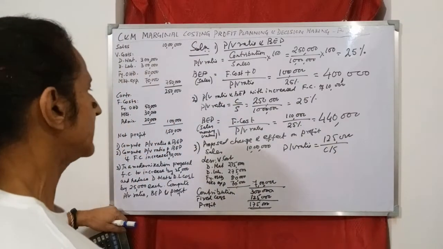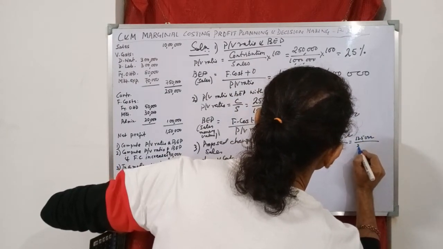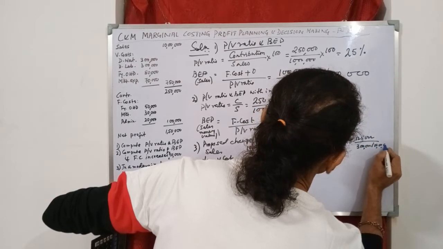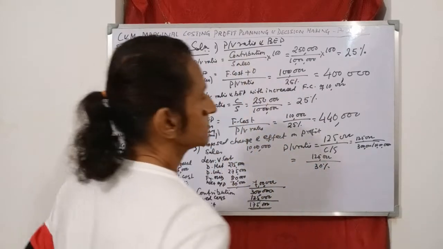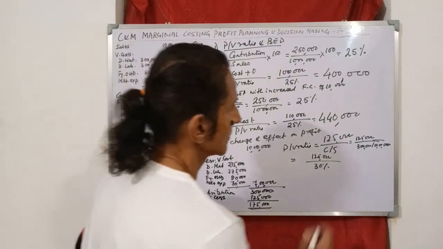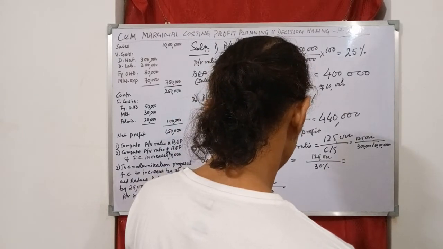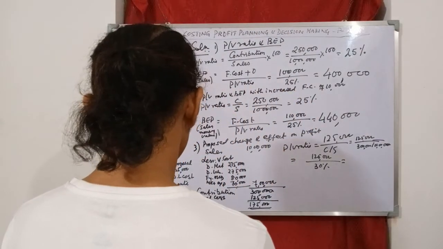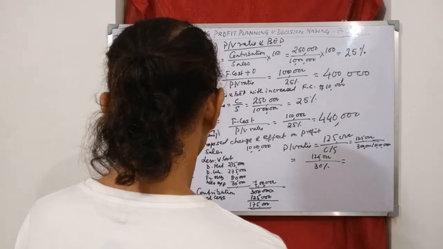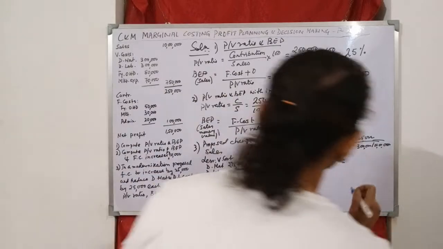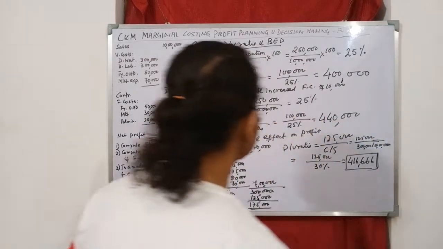C by S, that is 3 lakh by 10 lakh, which is 30%. So 1,25,000 divided by 30% comes to 416,666.